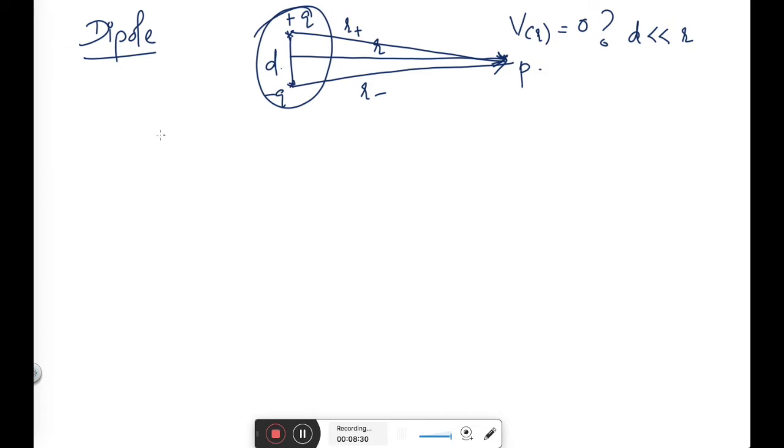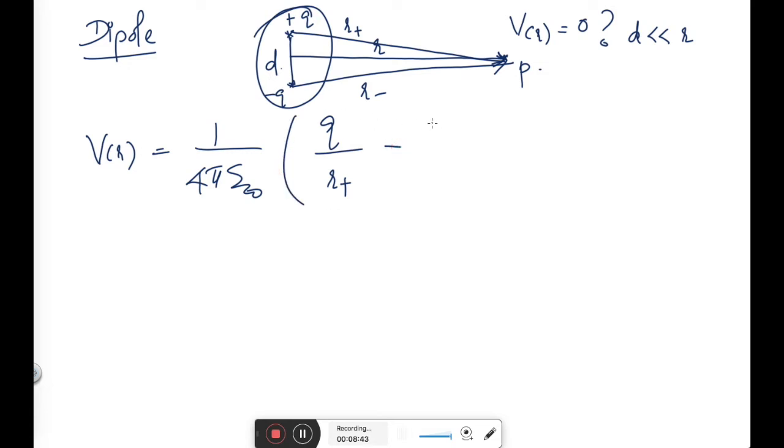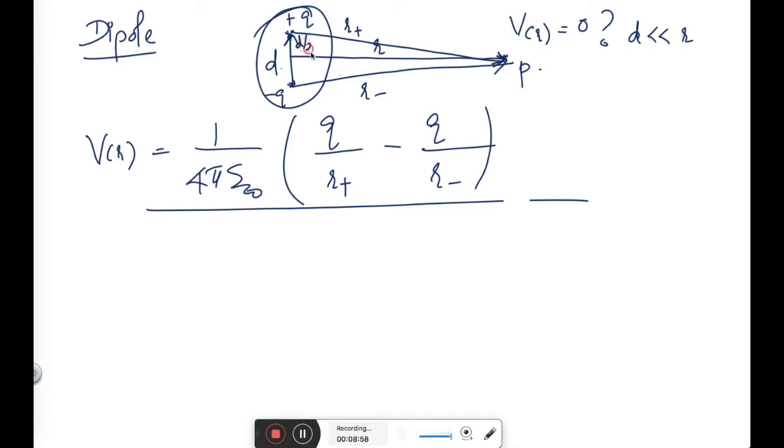Writing the superposition principle, V at r equals 1 by 4 pi epsilon 0 times plus Q by r plus, and here it is minus Q by r minus. This is the total potential at point P. Will it be 0? Definitely not. This is d by 2, this is also d by 2, this is r, this is r minus, and this is r plus.